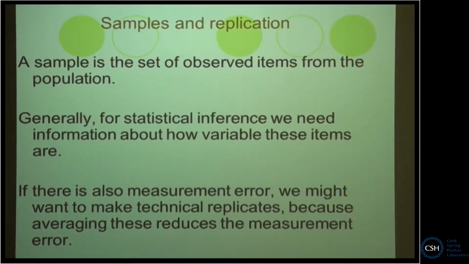So there is one time when I do technical replication: when you average things out, it reduces the technical error. So if I have a really weak instrument, so it's very noisy, then I do technical replication to average out the error.